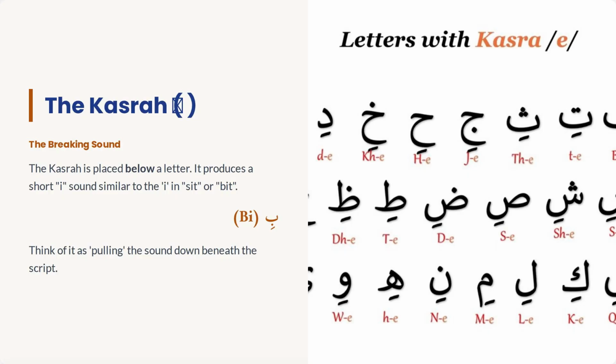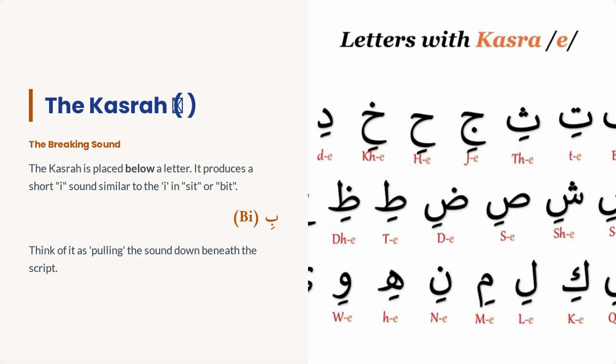Al-Kasra. It's a small line, and it's put below the letter. Okay? In contrast with Fatha, which we put above, the Kasra we put below. And it produces a sound like E. For example, here we have the letter Ba. If you put Kasra below it, it will be like bi.